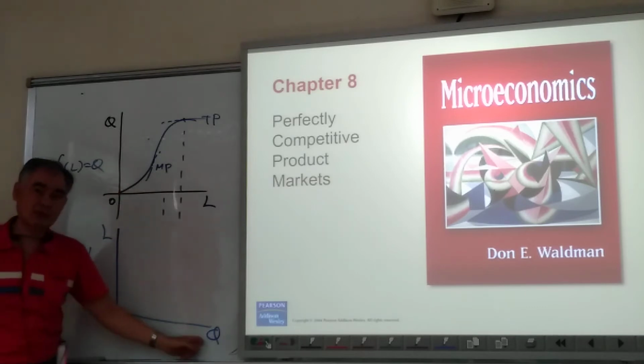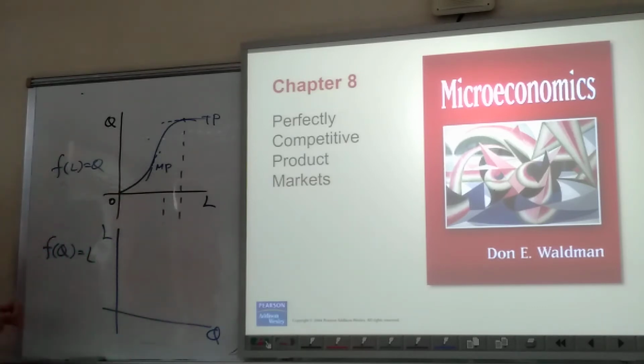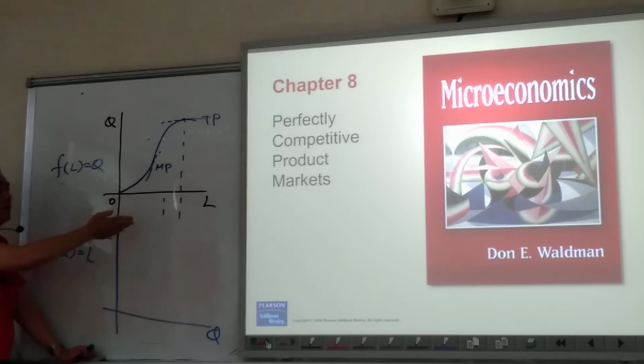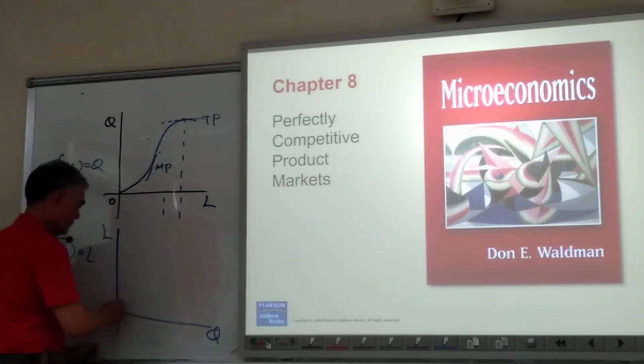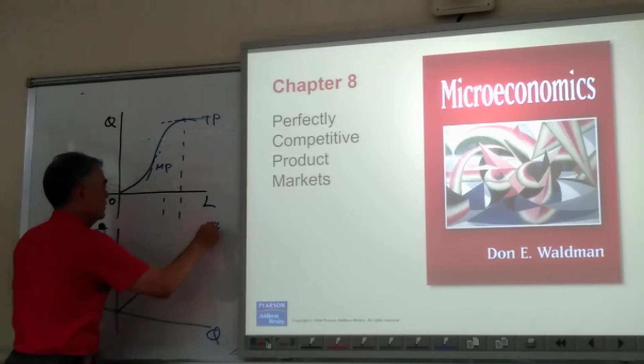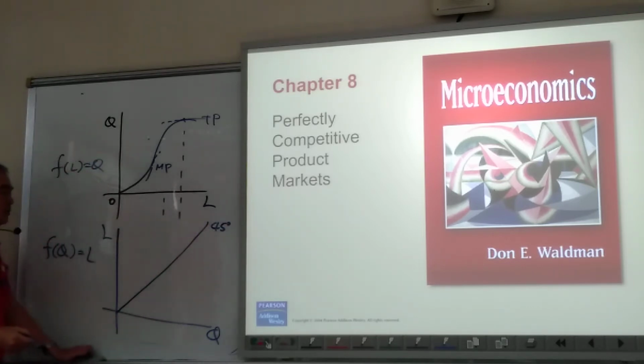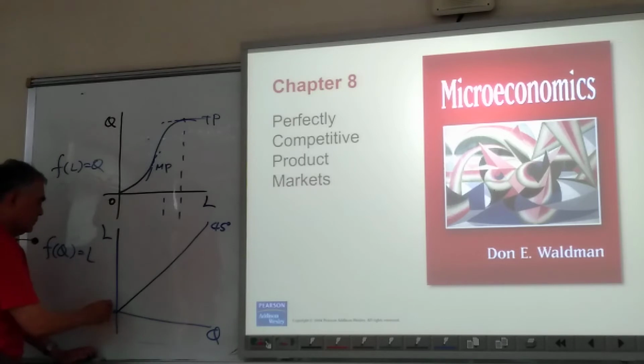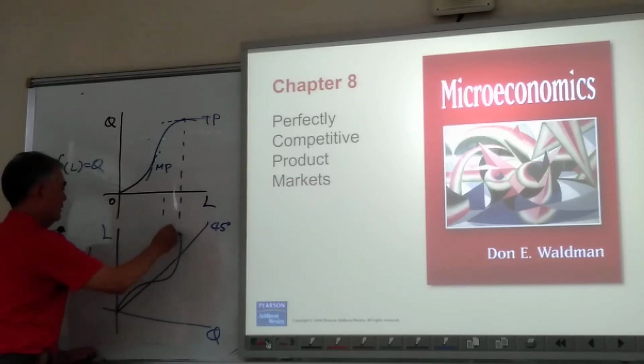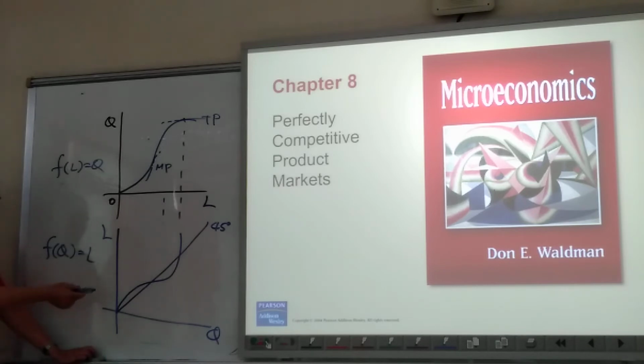Now we have Q here, L here. So these two curves, the new curves that I'm going to draw, will be symmetric to each other across the 45-degree line. Okay? So basically like this. Okay? So it looks like this.